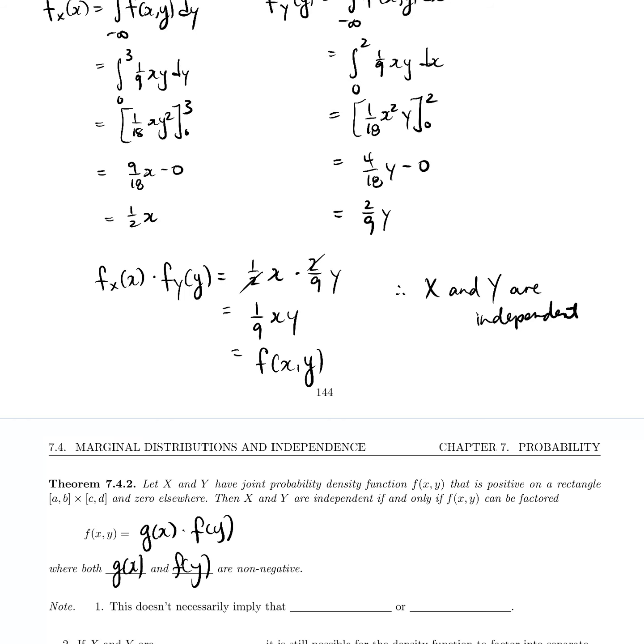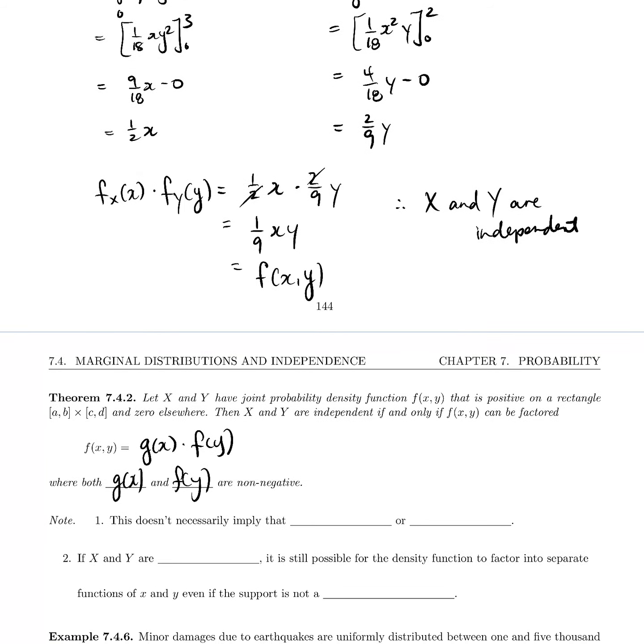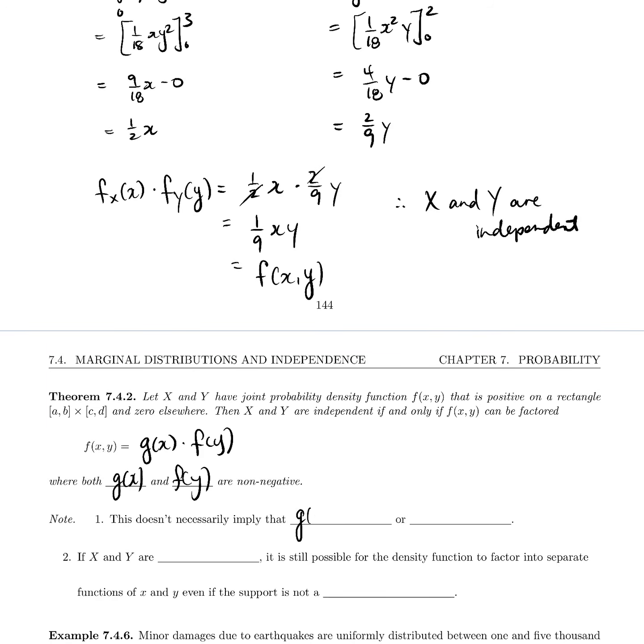Now there's a couple things to note here. This doesn't necessarily mean that g of x is the marginal f sub x of x, or that h of y is the marginal f sub y of y, right?